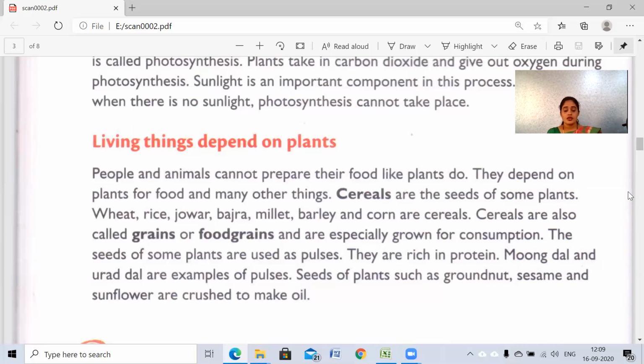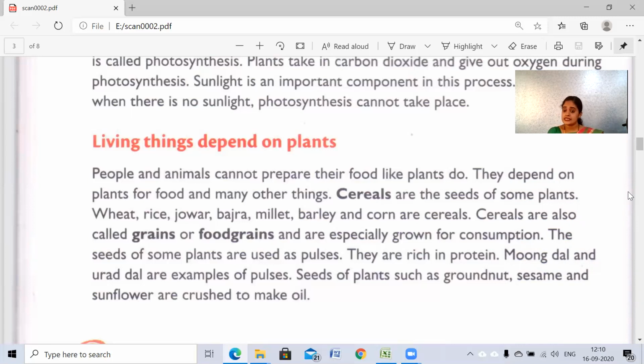Okay. Then seeds of plants such as groundnut, sesame, and sunflower are crushed to make oil. We need oil also. So from where will we get the oil? We get the oil from some of the seeds of plants like groundnut, sesame, sunflower.